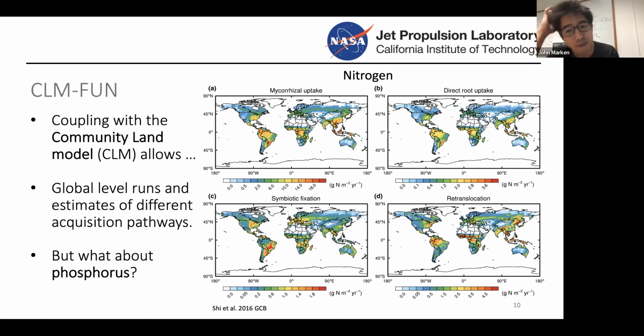Like when you're parameterizing the costs of a specific branch, like getting nitrogen specifically from arbuscular mycorrhiza, does that involve fitting data from a very targeted arbuscular mycorrhizal experiment, or is it from a broader thing and you draw inference?